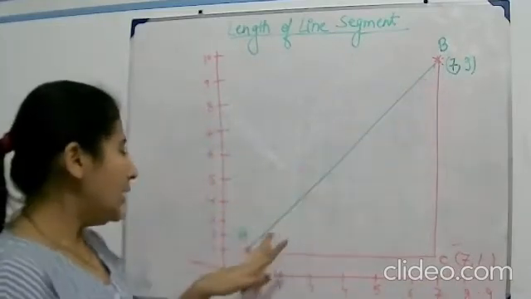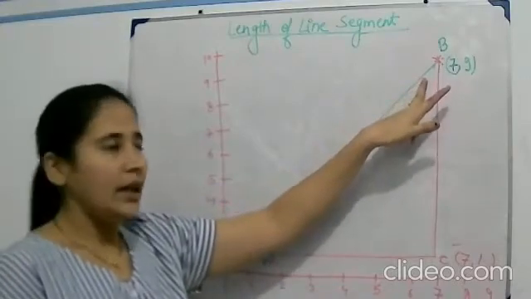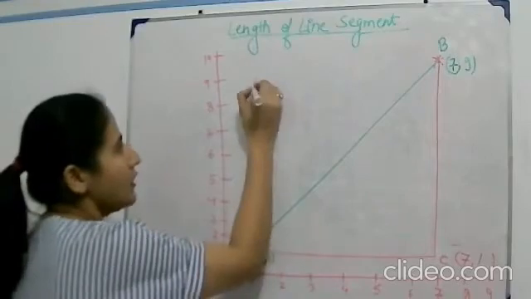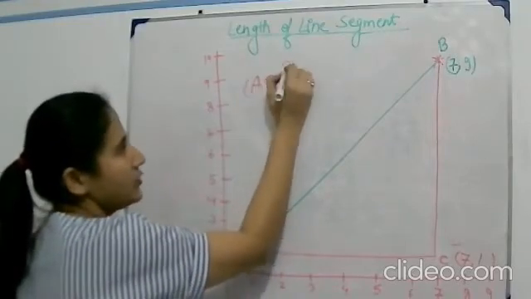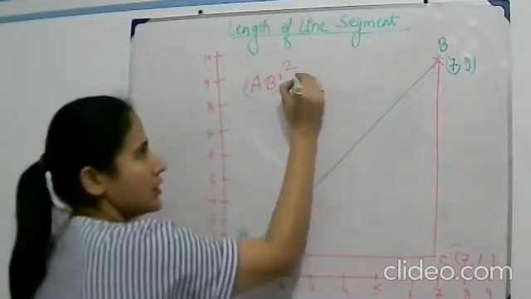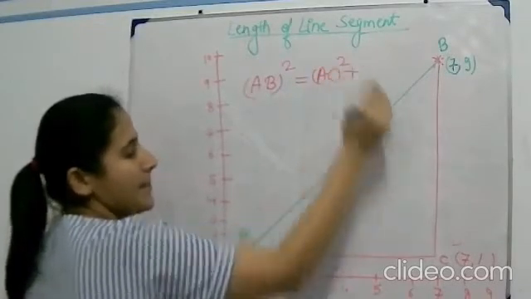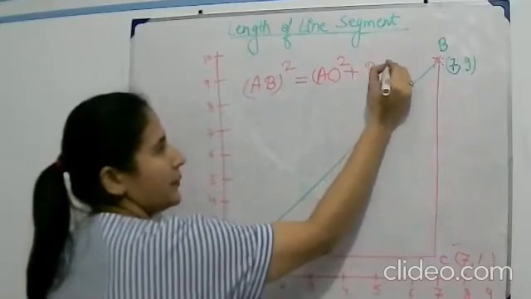For finding the length of AB, we will use the Pythagoras theorem. What is the Pythagoras theorem? According to this triangle, AB square is equal to AC square plus BC square.